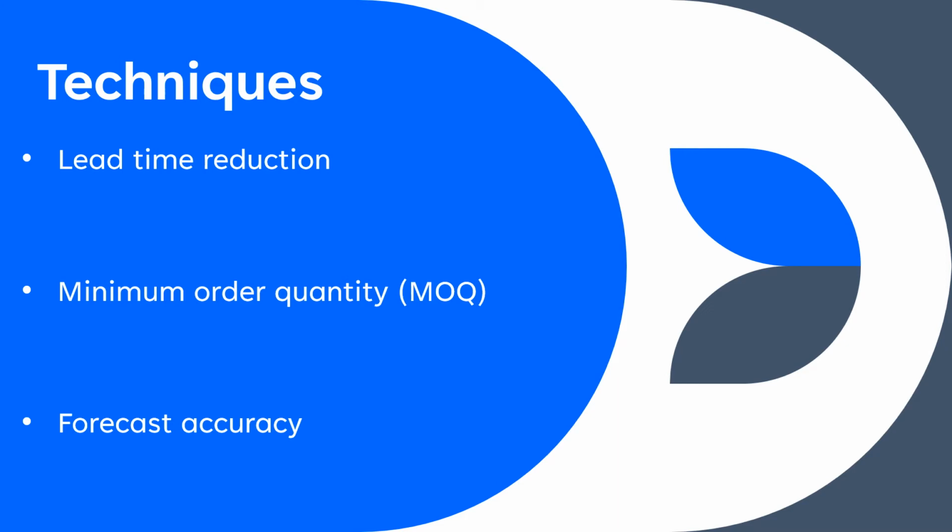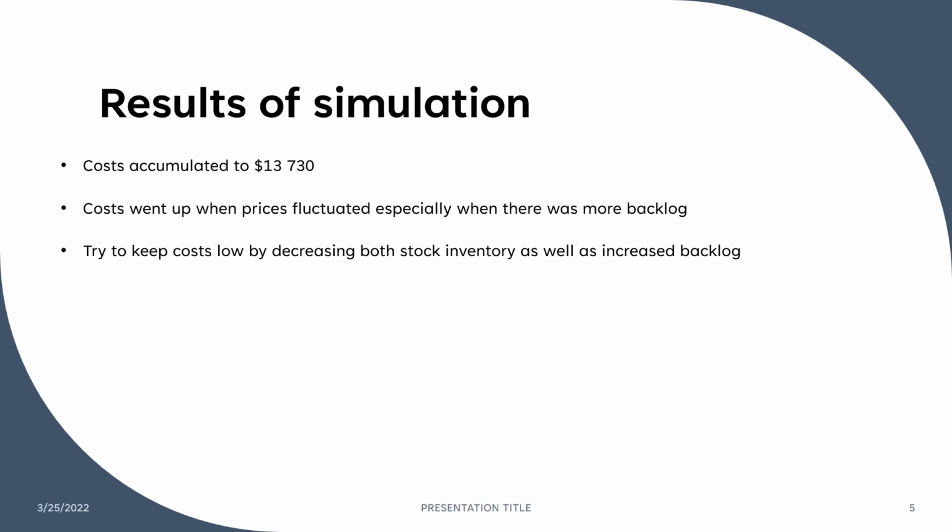So see that, oh yeah, we can spend this much, and once we spend this much, we will see this much improvement in the supply chain as well as getting more money from the product. So using all three of these techniques, these main ones, you can definitely decrease the bullwhip effect. At the end of our simulation, we saw that our cost accumulated to 13,730.